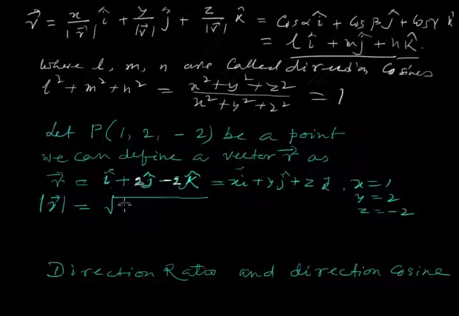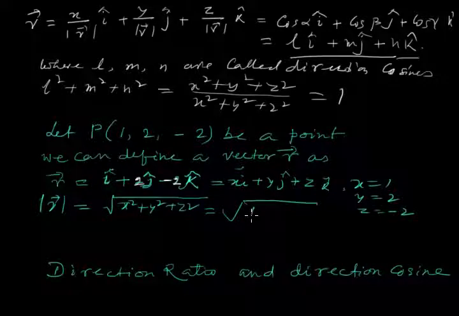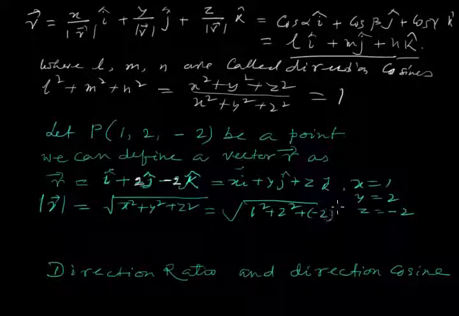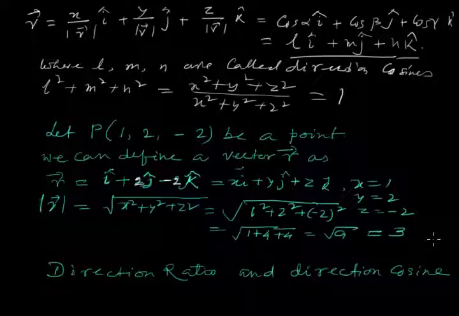So we use the formula x square, y square, z square. So 1 square, 2 square, minus 2 whole square. So this becomes 1 plus 4 plus 4, which is root over 9, and that is equal to 3.